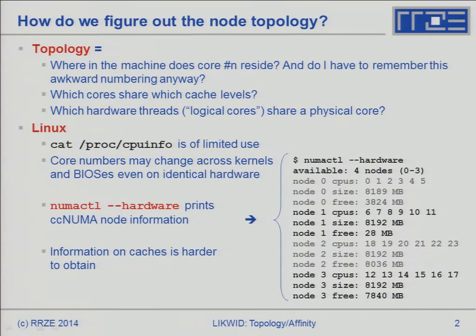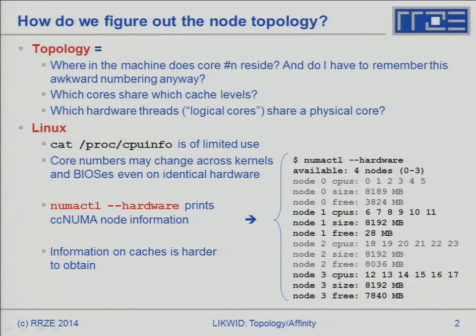We will also see that sometimes the information is not wrong, but badly structured. And the point also is that the numbering of the cores in the node might change if you go to another node, which has probably the same hardware, but a different BIOS or different Linux kernel. So this numbering might change.